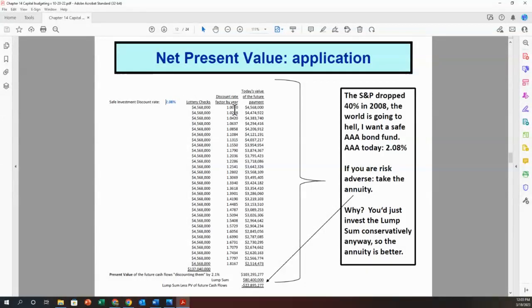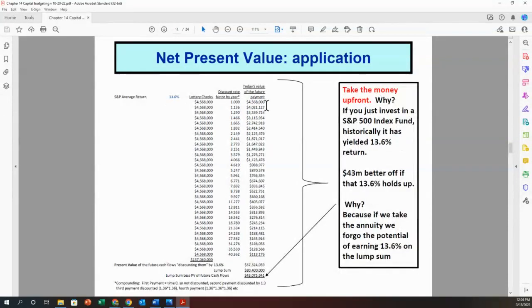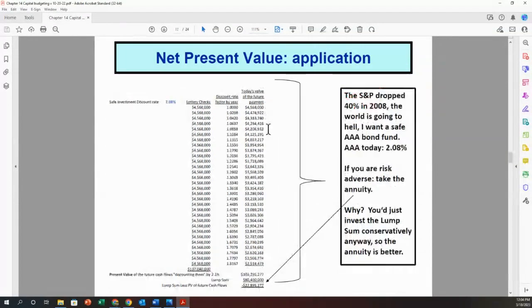So to me, I get that check year one, 4.5 million is worth 4.5 million. I go back next year, I get my second check. As of today, before I make that decision on what to do, that 4.5 million in a year is worth 4.4 million to me today. And under the higher discount rate, it was only worth 4 million and a little change.